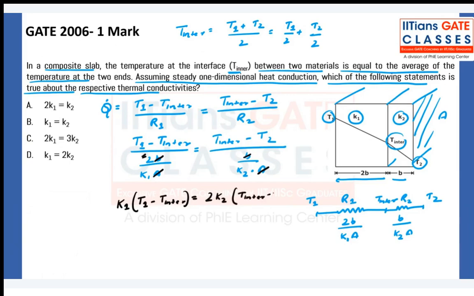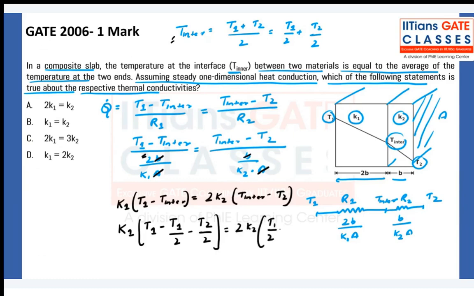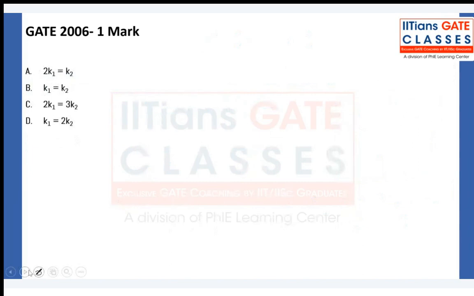(T inter minus T2). Now I also know that T1 minus T inter is what? T1 by 2 minus T2 by 2 is equal to 2K2, and this is T1 by 2 plus T2 by 2 minus T2. So if I solve this, what will I get?